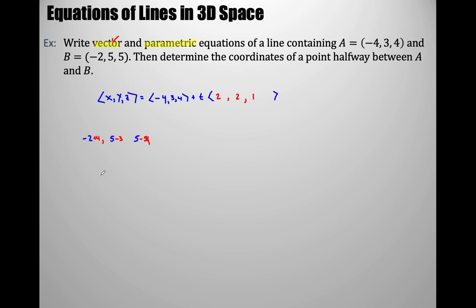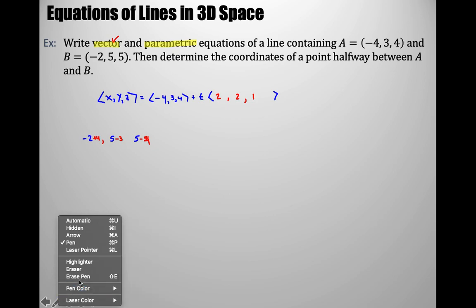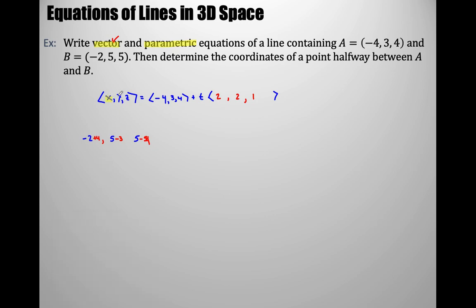To write the parametric equation, just match up your x component. x is equal to -4 plus 2t. y is equal to 3 plus 2t, and z is equal to 4 plus 1t.